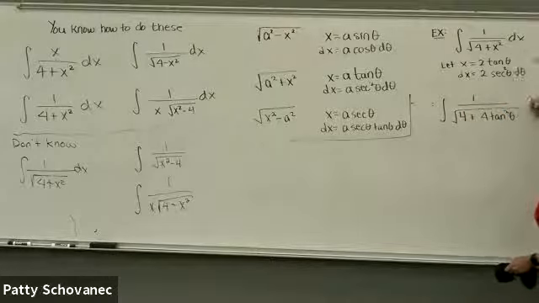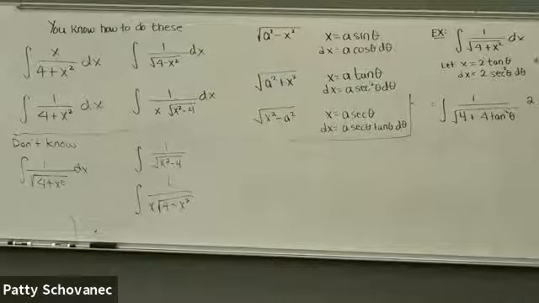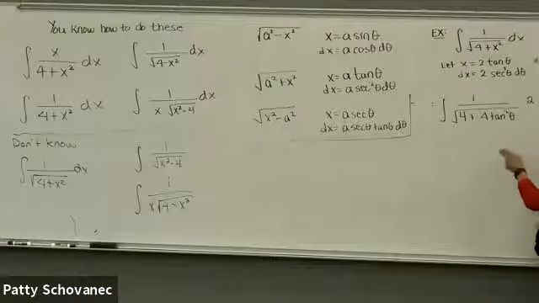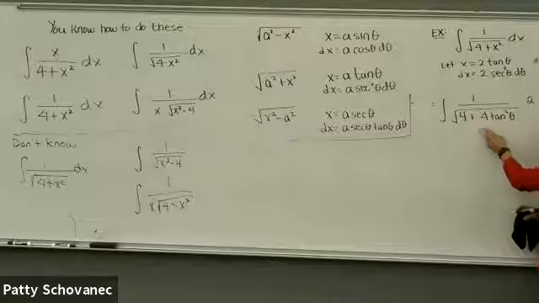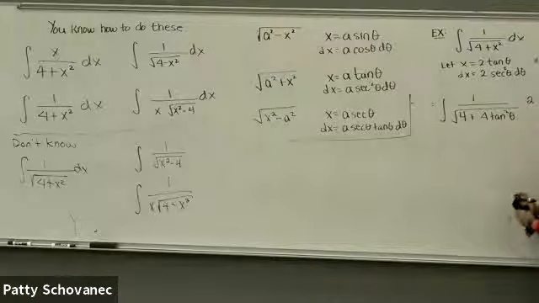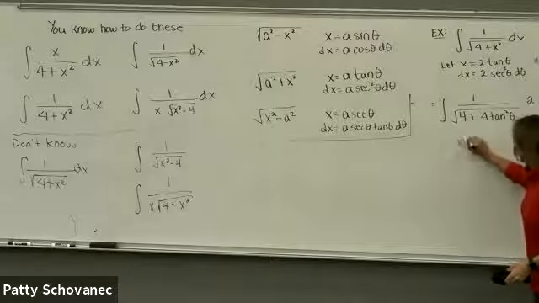The dx is 2 secant squared theta d theta. So can you kind of look ahead? What's going to happen? I'm working under the radical sign. Got a common factor of 4. I'm going to pull the 4 out.